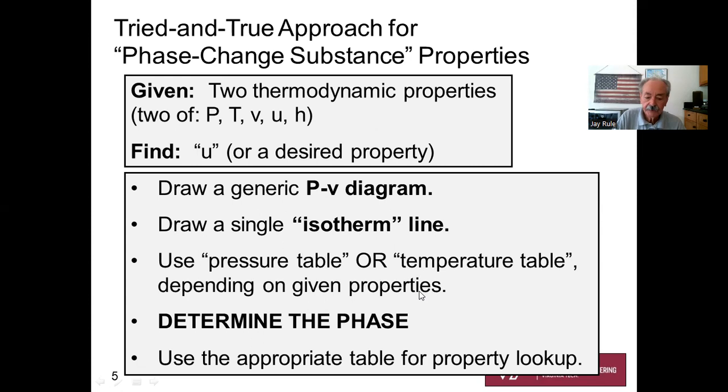Then the next step is determining the phase of the substance. You're not going to jump right into a table to look up U. You've got to determine the phase. Then, finally, you're going to use the appropriate property table for that property lookup. That's your recipe.